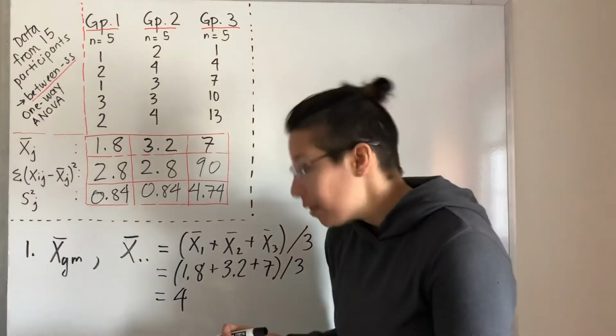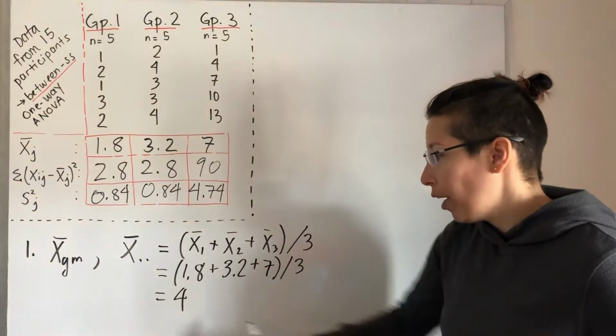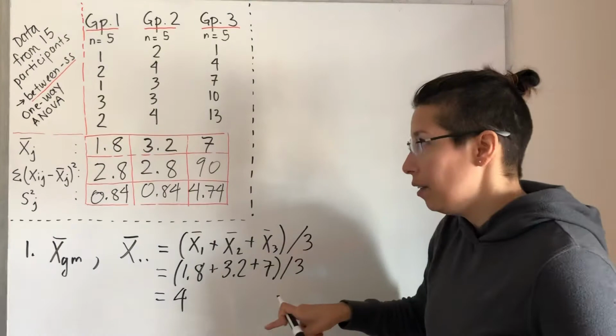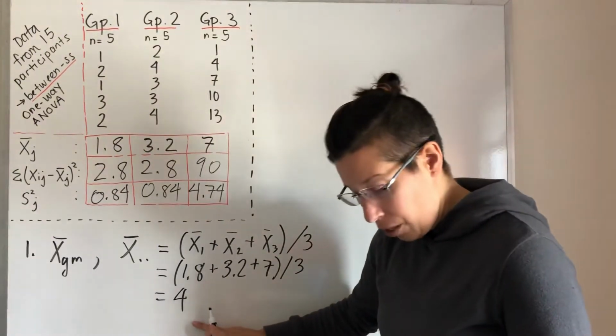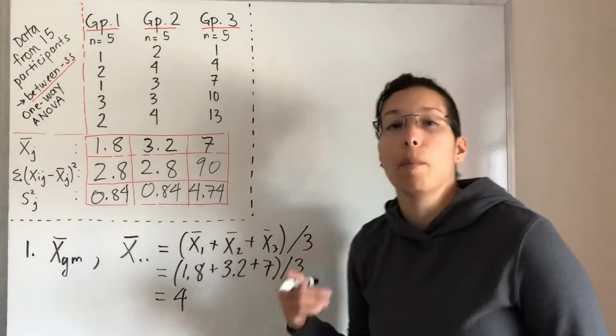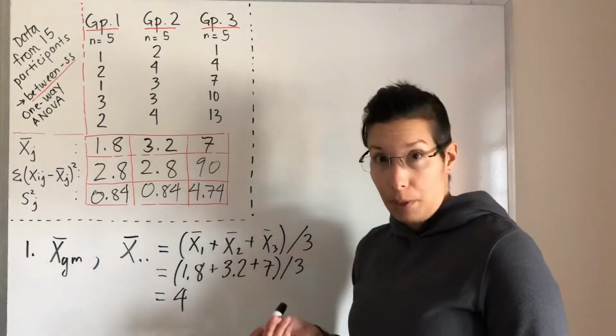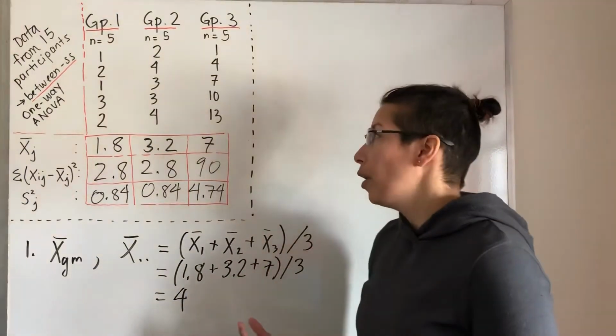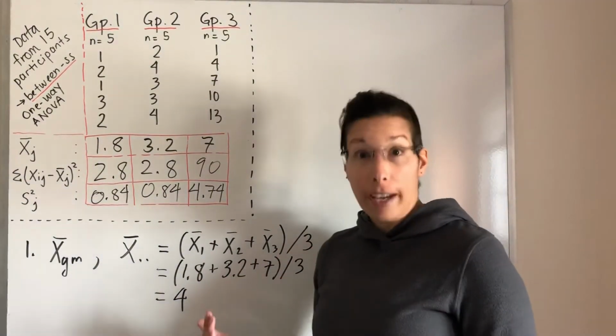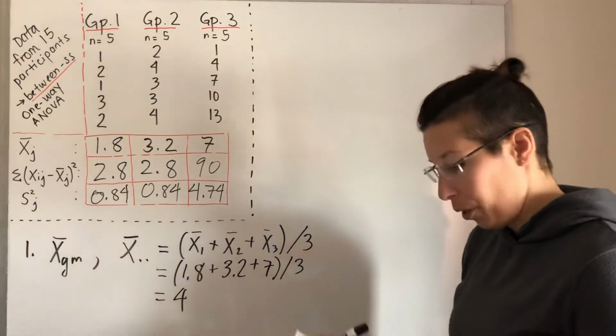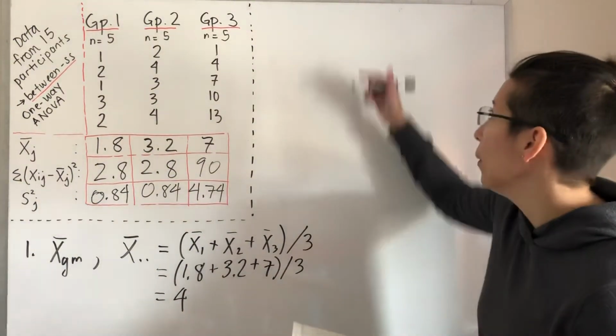So the next step after finding the grand mean is to use that grand mean to find the sum of squares for the group, or SS group, or as you might know it, SS effect. So in order to do that, maybe I'll work up here.